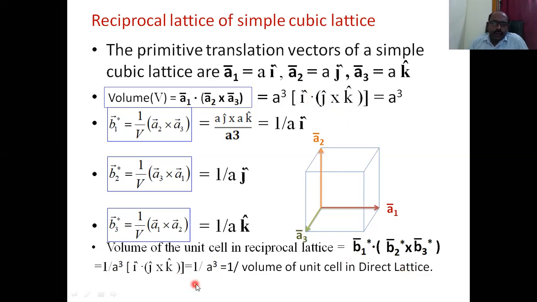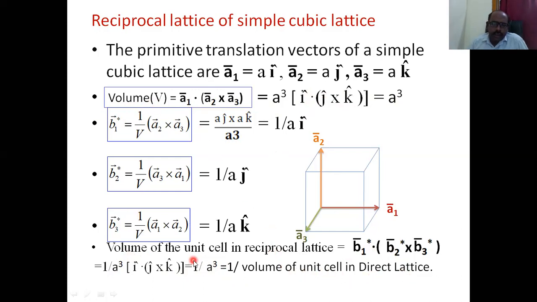So again, we are getting 1 by a cube into this product, and its product is 1. So a cube is the volume of the unit cell in direct lattice. Here we are observing a cube is the volume of the unit cell in direct lattice.